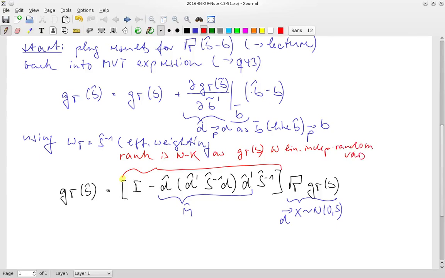Okay, but g_T of b hat is a random vector which has k linearly dependent random variables.